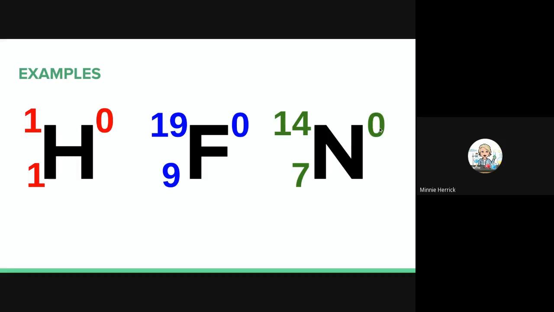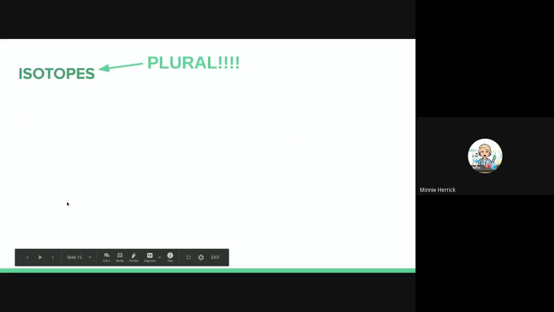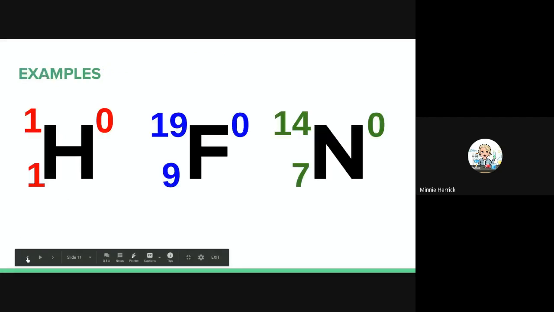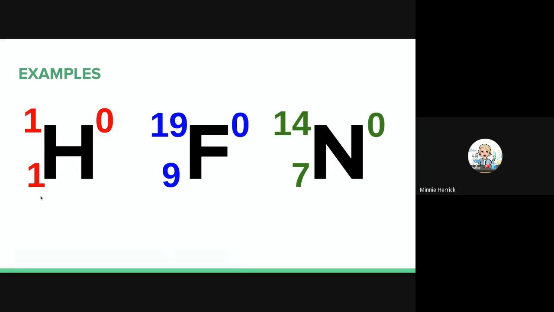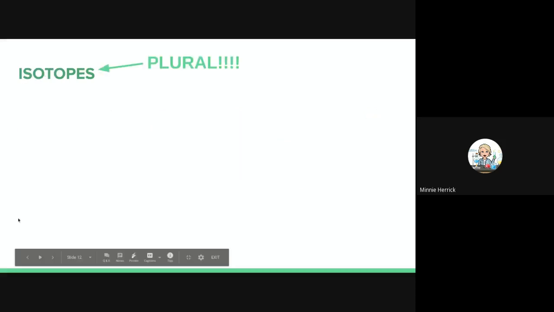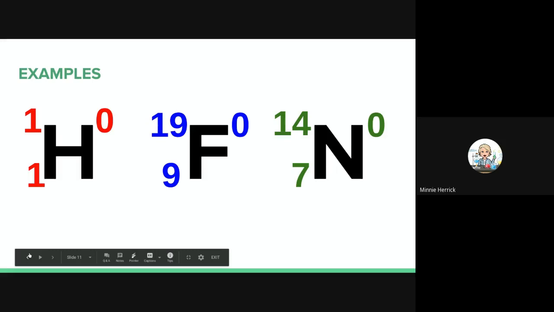So what we're doing is filling in what they all mean. Right here, we're going to take 1 minus 1, and we're going to get 0. So your first hydrogen is going to have 1 proton, but because 1 minus 1 makes the neutrons 0, you're going to put 1 proton and 0 neutrons for hydrogen.